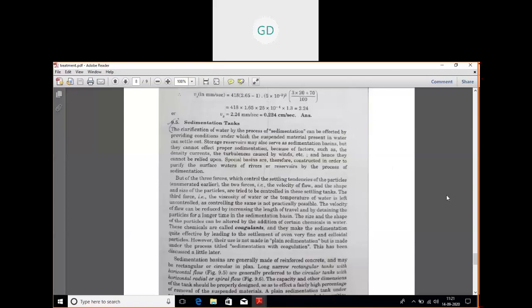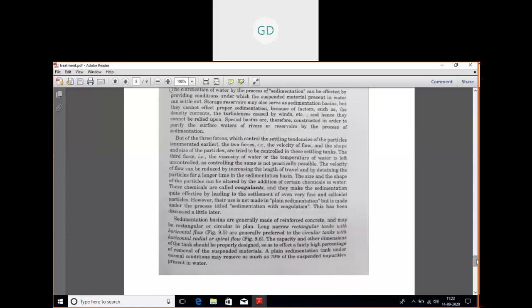Plain sedimentation tank, no need to write notes about it. Just remember that all the process of sedimentation that we read last class, the settling velocity, applies to particles whose specific gravity is greater than 1, that of water.